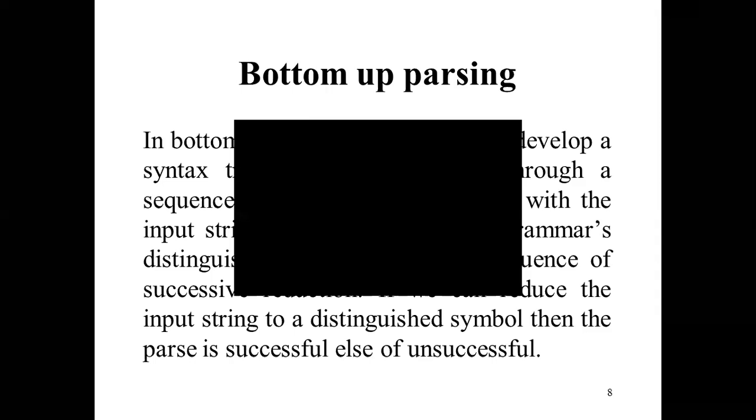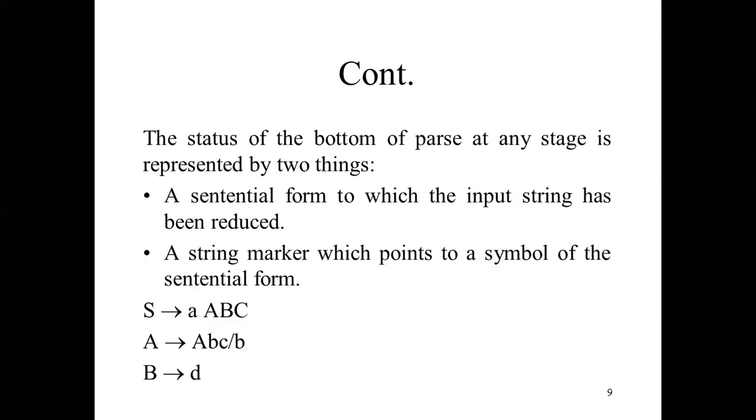That is called the successive reduction procedure, and ultimately we will achieve our goal. We will achieve a production symbol at the end, whether in the form of capital E or capital S. After reducing we will get the production again. So this is called bottom up parsing.